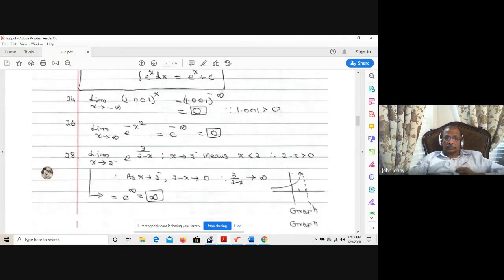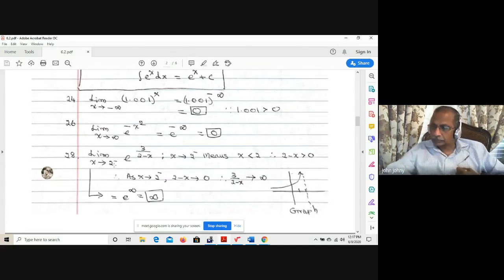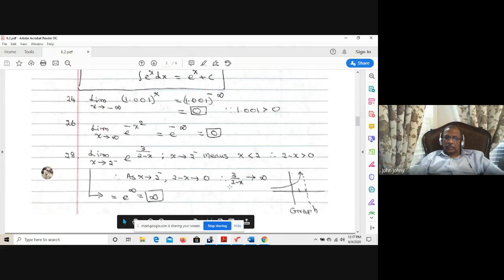Number 28. Limit as x approaches 2 from the left, e to the power of 3 divided by (2 minus x). And in this case, it's a good idea to draw the graph of it, e to the power of 3 divided by (2 minus x).